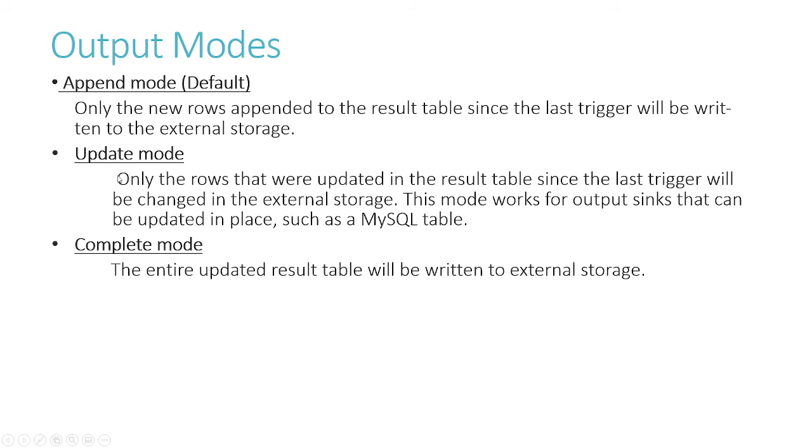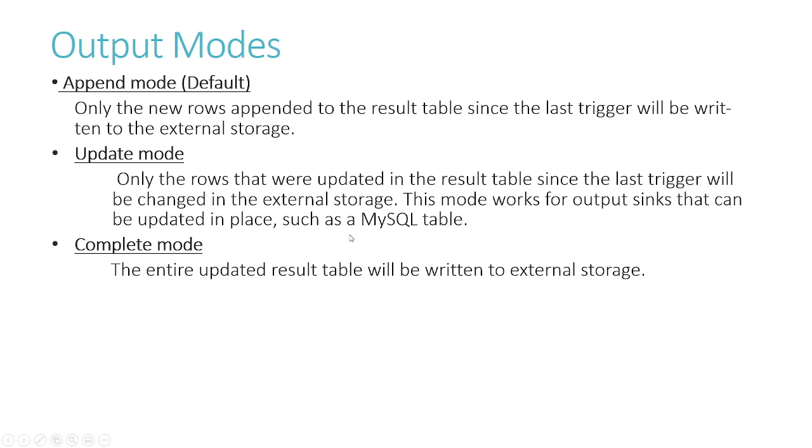And update mode is useful only if you have existing data and some rows are getting updated, and you want to change only those. This update mode is specifically used for MySQL or SQL kind of data you are pulling in.